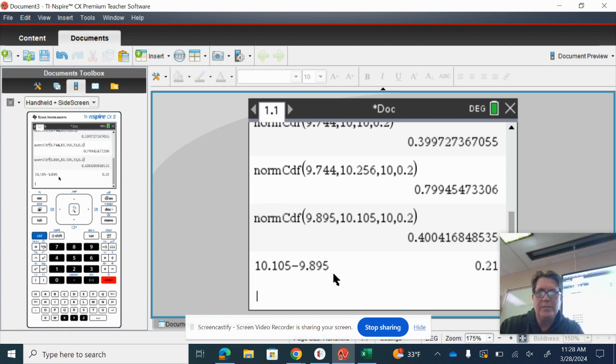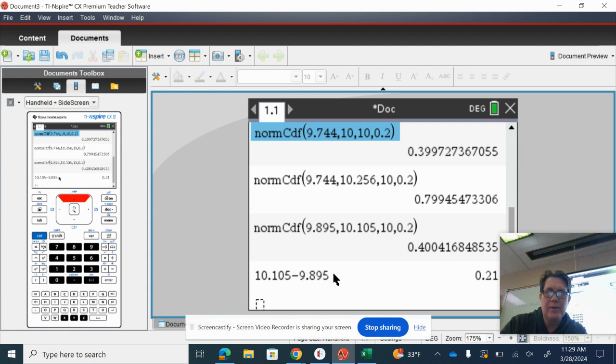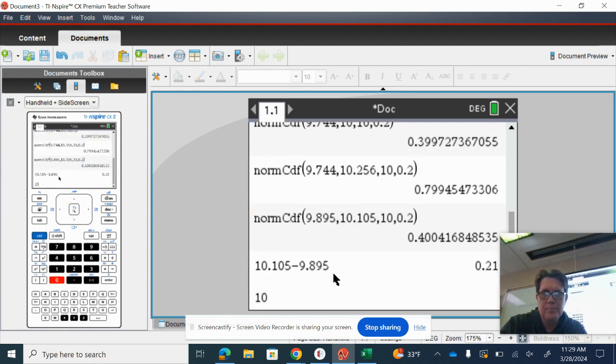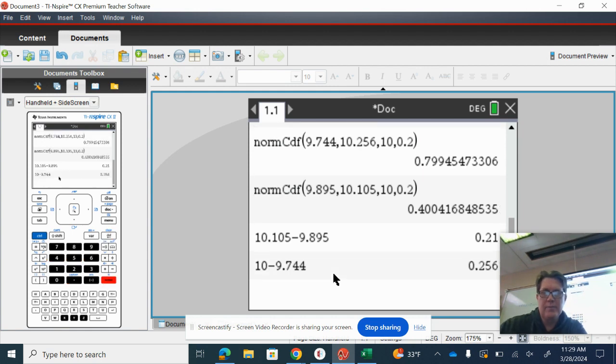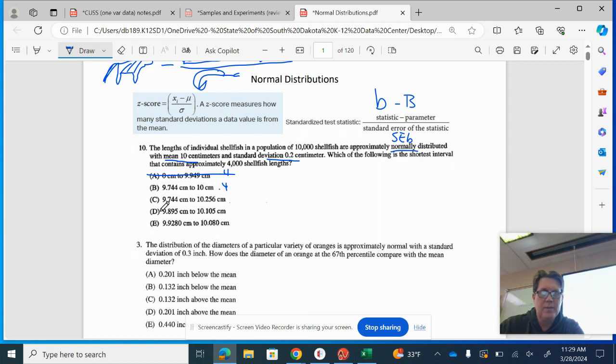It's 0.21 wide, whereas this one up here, 9.744 to 10, that one's a little wider. So I believe that's going to be our answer, that our answer is D, because it covers the least amount.